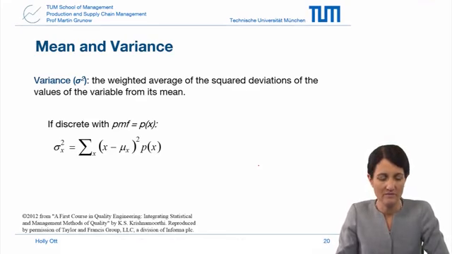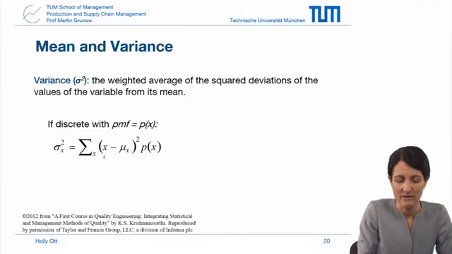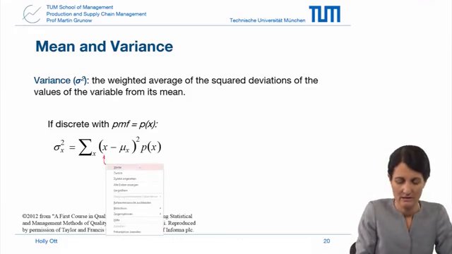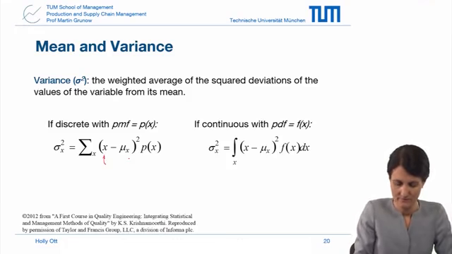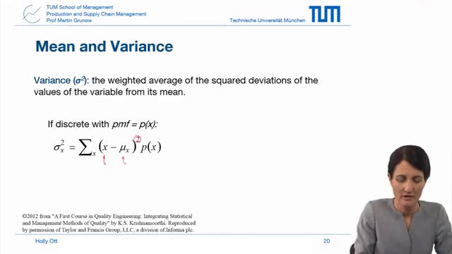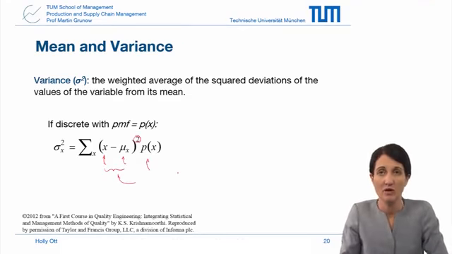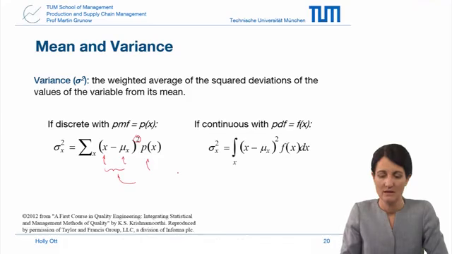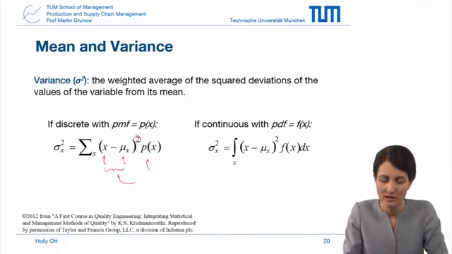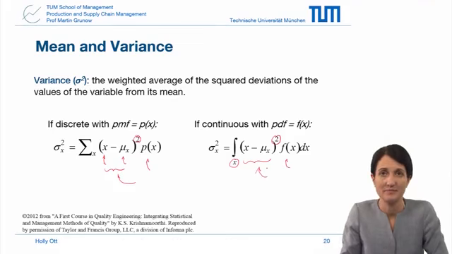So if the random variable is discrete with a PMF equal to p of x, then you take the values minus the mean squared, and you multiply that by p of x for all values of x. If it's a continuous random variable with a PDF equal to f of x, you take the integral over all x of the value minus the mean squared times f of x.